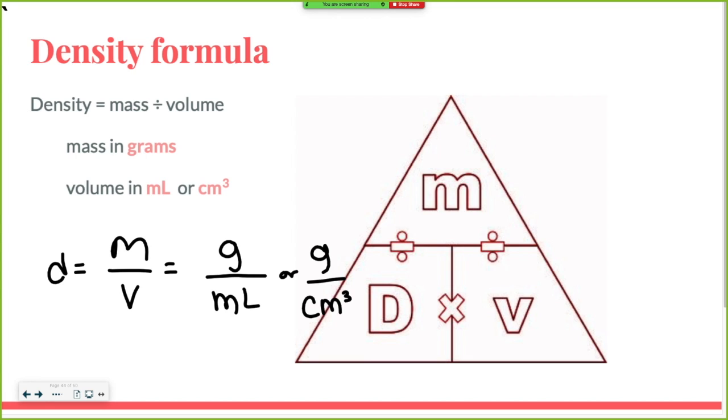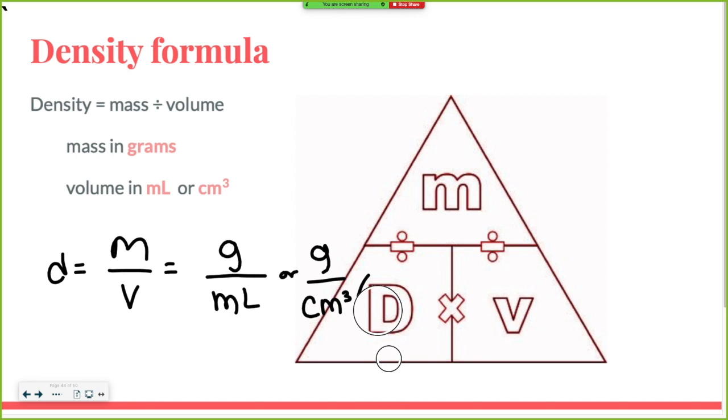Great question. All right, so hopefully you all have seen this handy-dandy little triangle with basic equations. How many of you have seen it before? A few of you? All right, so whatever you are solving for is what you cover up. If I'm solving for density, I cover it up, and I see mass over volume.